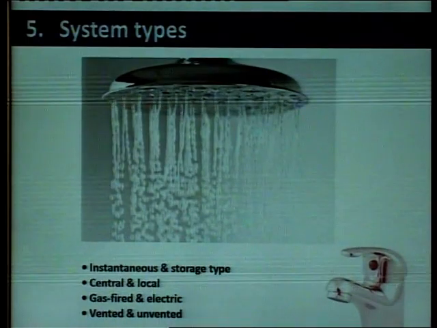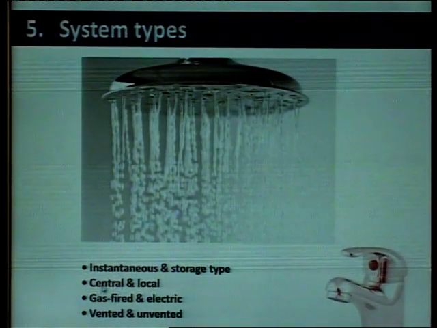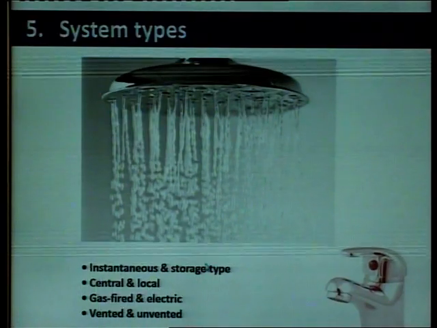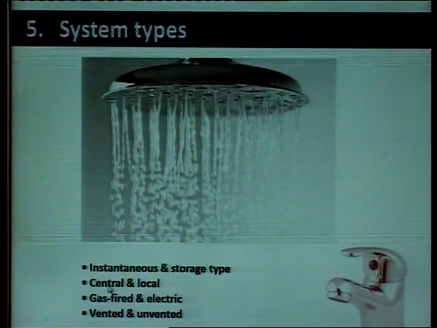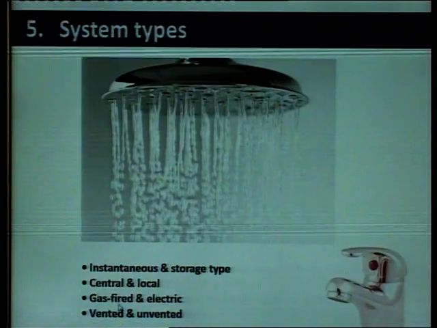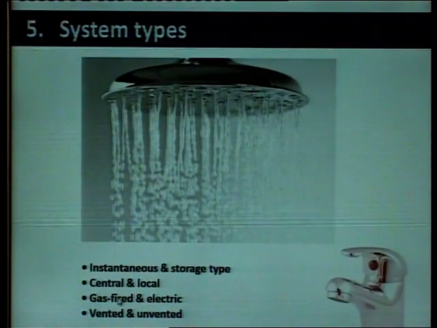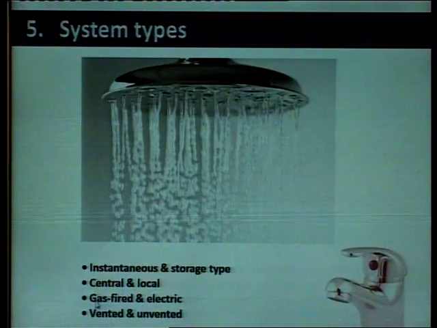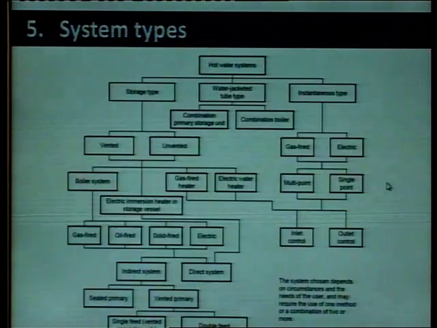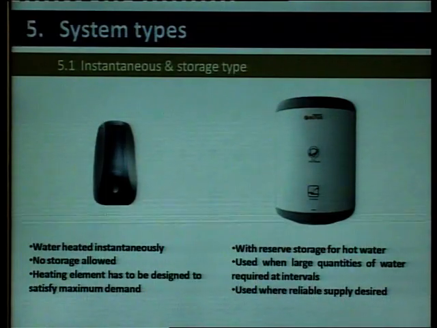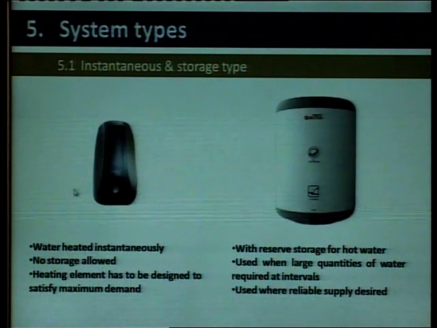What is important is that there will be central and local. First, instantaneous and storage type, then the classification would be central and local, and also whether the heating is done by electricity or non-electricity, and whether the system is vented or unvented. So, let us move on to instantaneous. You have all seen this water heater, I think many of you have it in your residences.